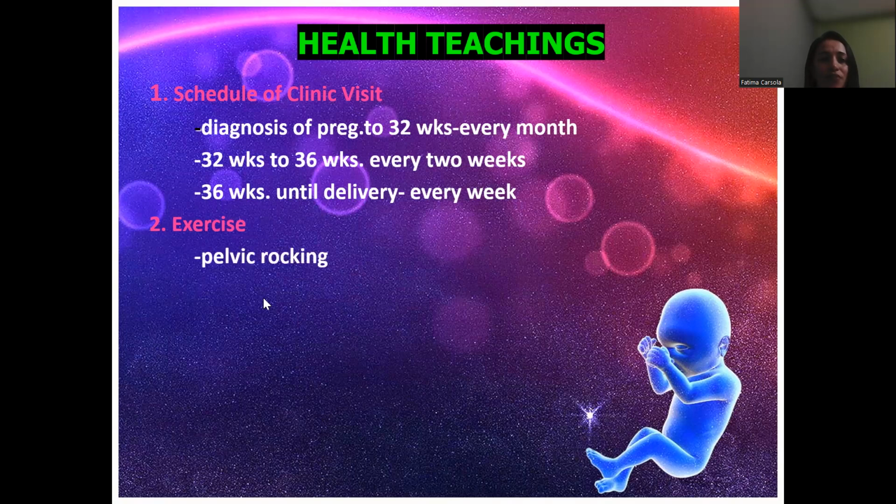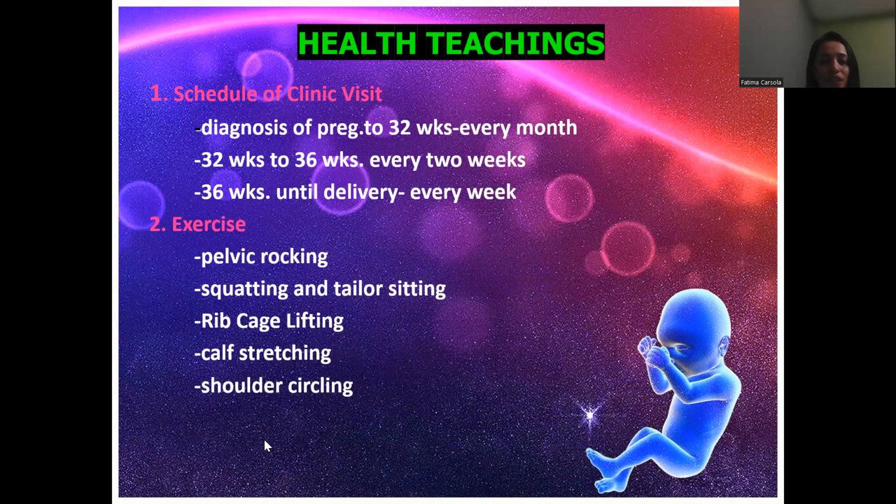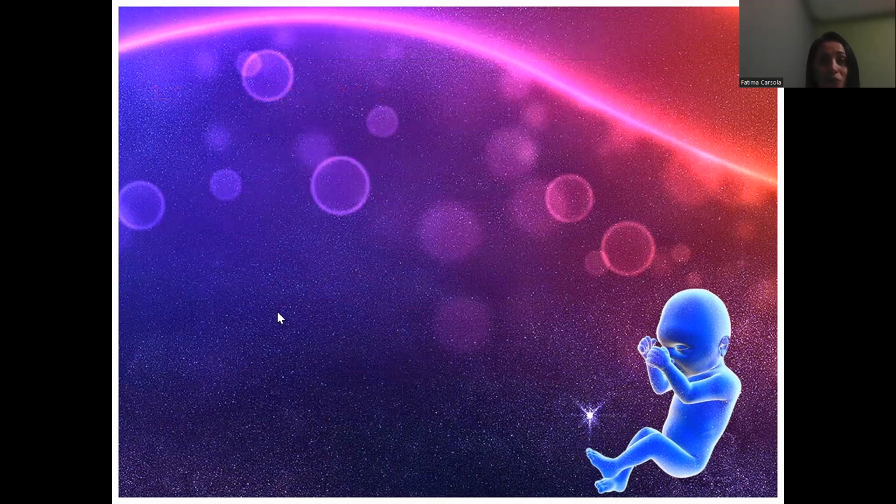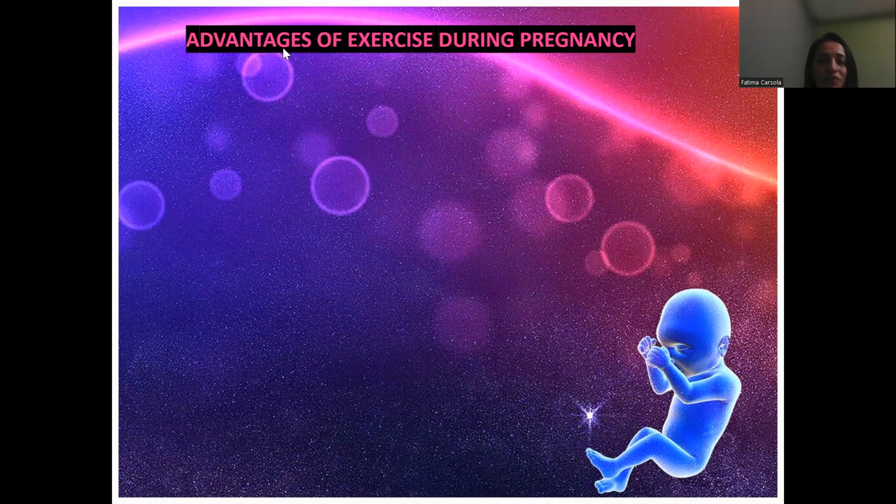The exercise, of course: you have to have pelvic rocking, squatting, and tailor sitting, rib cage lifting, calf stretching, shoulder circling, abdominal muscle contractions, modified knee-chest. These are done for you to be able to have a normal spontaneous vaginal delivery. And you have here the advantages of exercise during pregnancy. If you have a normal pregnancy, it will strengthen your muscles, and this will prevent the possibility of lacerations, promote circulation, of course.